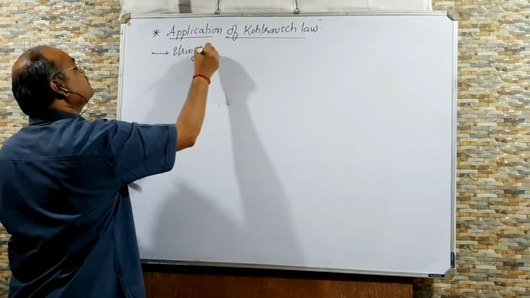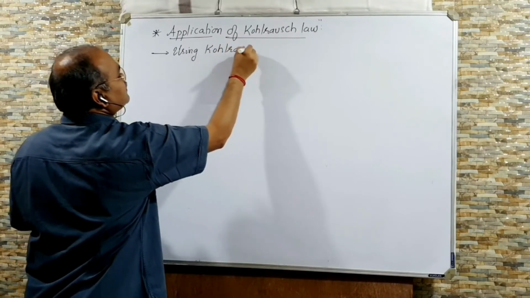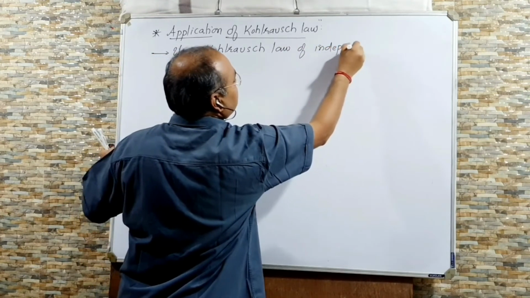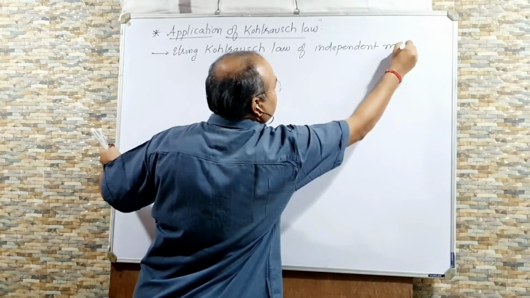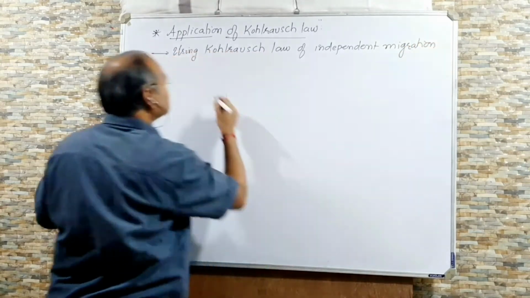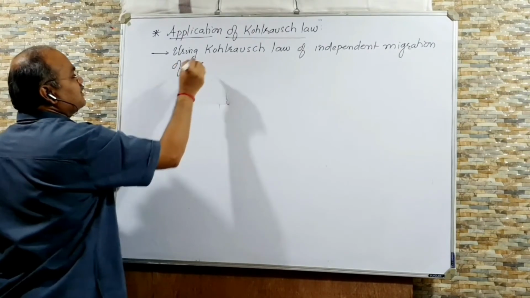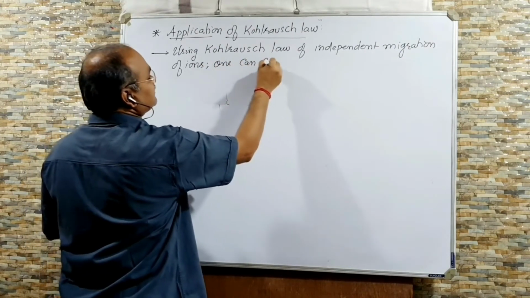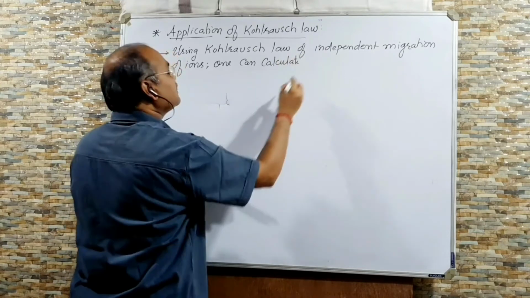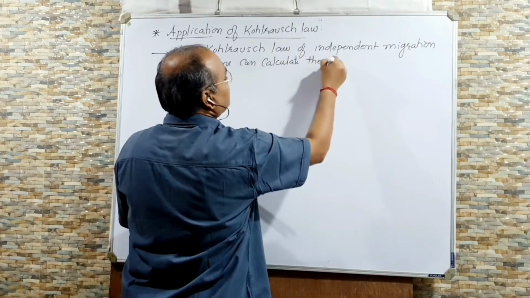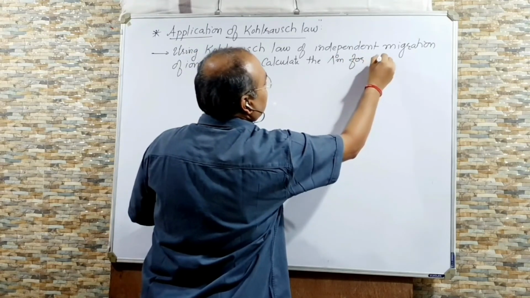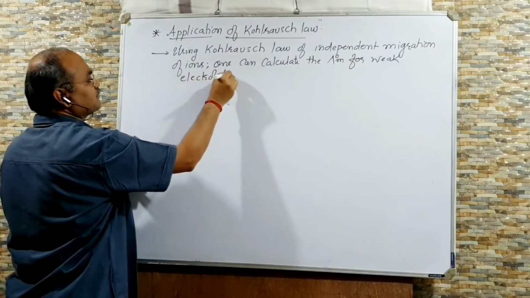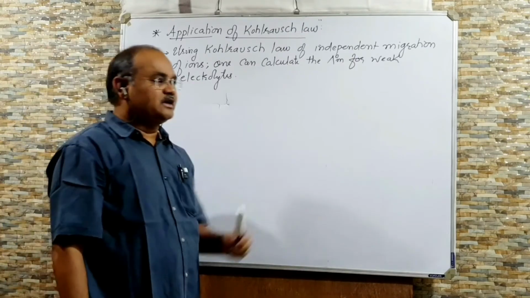Using Kohlrausch's law of independent migration of ions, one can calculate the lambda 0 m for weak electrolytes.